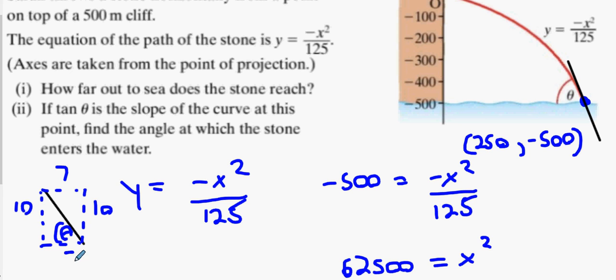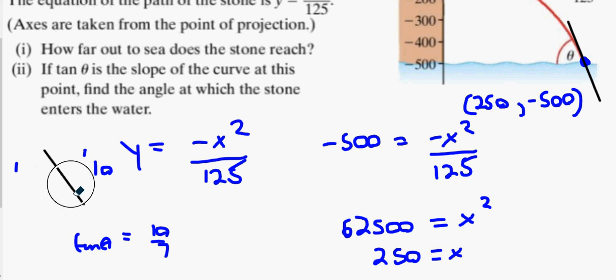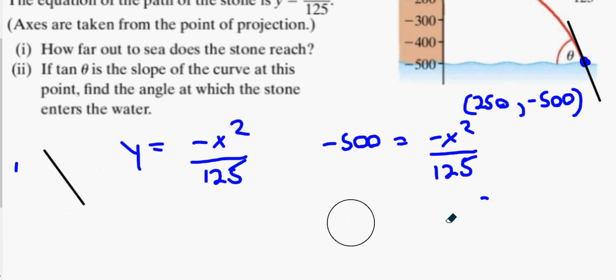Tan theta would be 10 over 7. Okay? So tan theta is the slope, and tan theta would be 10 over 7. So here's what I want you to do. I want you to differentiate the formula at the point x equals 250. So differentiate it, sub in x equals 250, and you should get a negative slope because it's about to hit the water. Up you go.